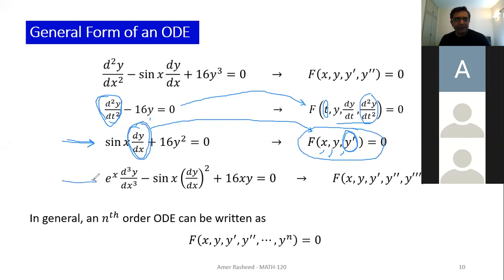Now, for example, in this equation, how many derivatives are there? 3 derivatives. So it is a third order differential equation. Now we can write this notation up to y triple dash. All other derivatives we'll write here in this notation, even if the second derivative is not involved in the differential equation.